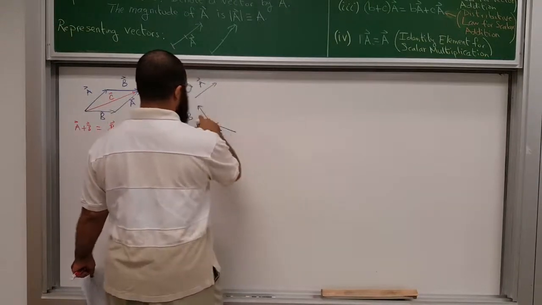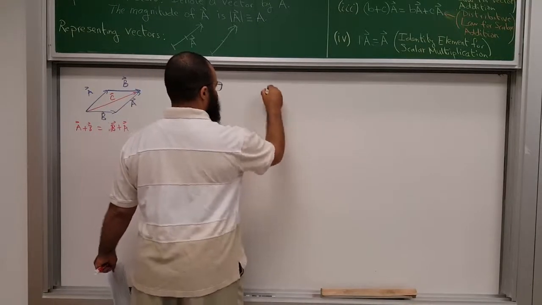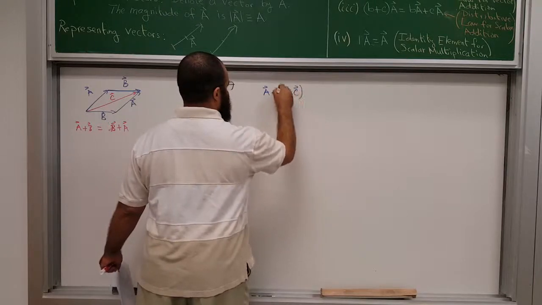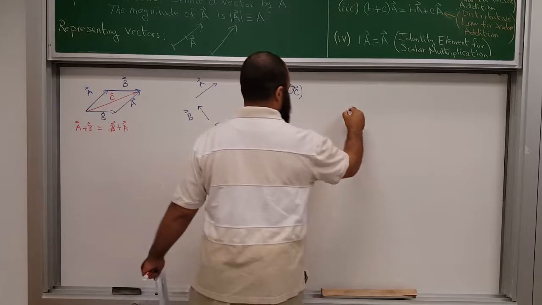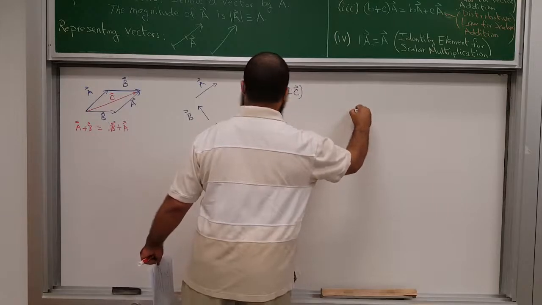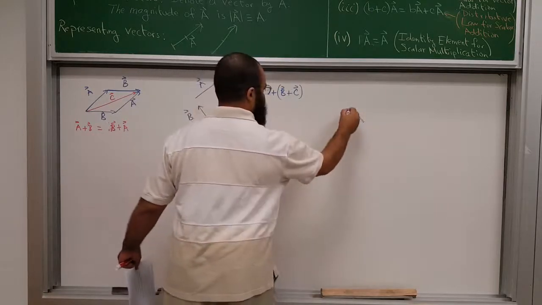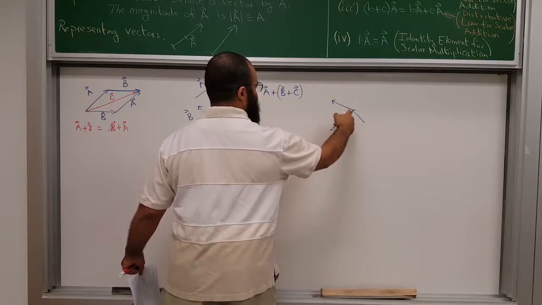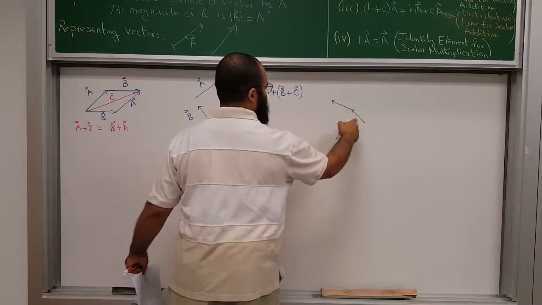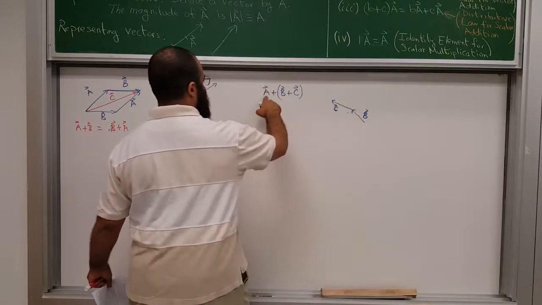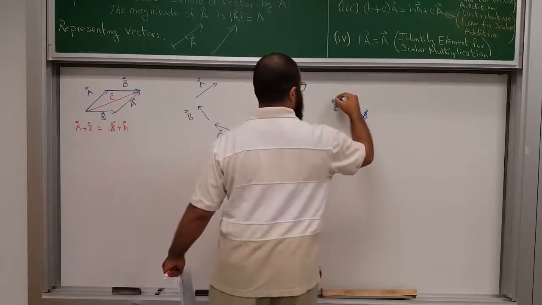If I want to do A plus B plus C, let me first add B to C. Here is vector B, and here is vector C. To add them, I need to put the tail of vector C at the tip of vector B. Then finally I add to them vector A, which points in this direction.